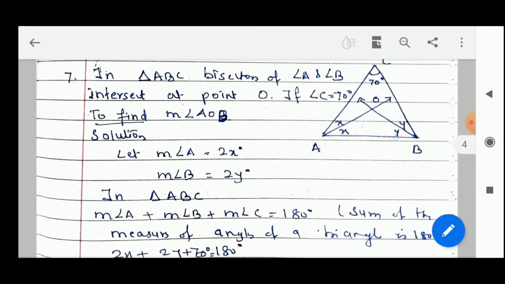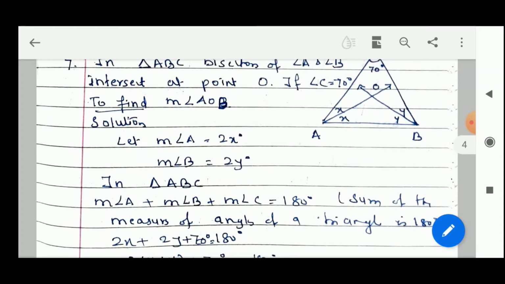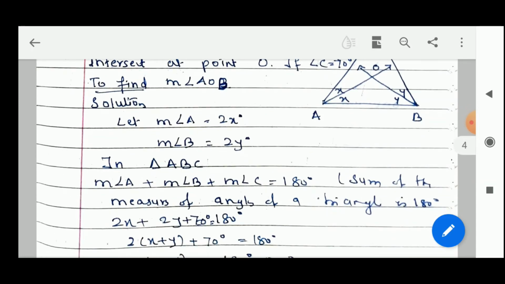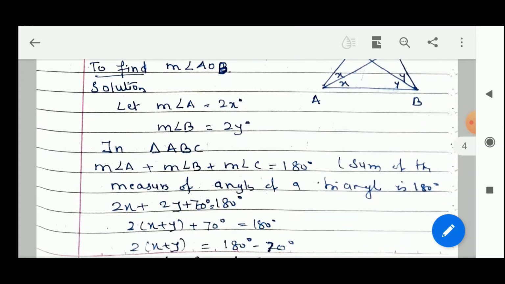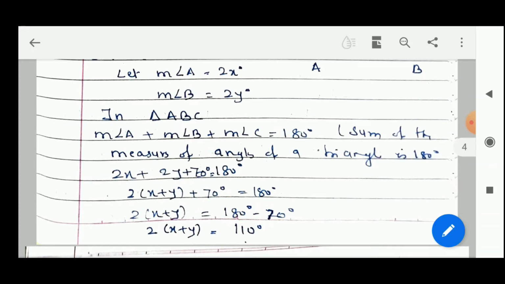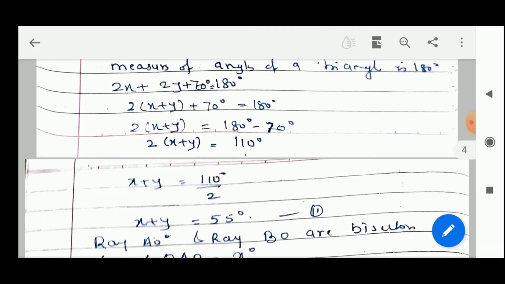So in triangle ABC, measure of angle A plus measure of angle B plus measure of angle C is equal to 180 degree. So sum of the measures of angles of a triangle is 180 degree. So 2x plus 2y plus 70 is equal to 180. So 2 into x plus y plus 70 is equal to 180. So 2 into x plus y is 180 minus 70, that is 110. So x plus y is equal to 55.